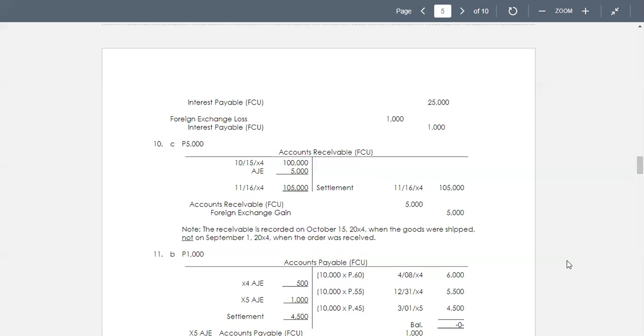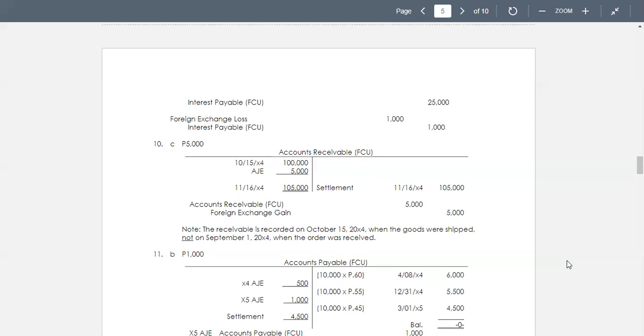So we now get the total of the credits, the ones that I'm having here. Credit total is 16,000, and the debit side we have total of 6,000.